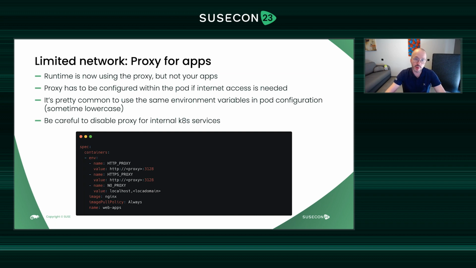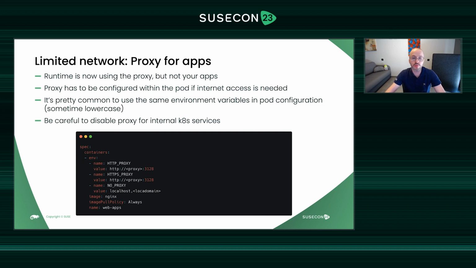And sometimes there will be also some really different methods to configure the app. So you need also to check the app's documentation, what is the expected method. But pretty often it will work with these environment variables, and you need to define them inside the pods. Be careful if the apps need also to contact the Kubernetes cluster internally, for example, to talk with the API server.